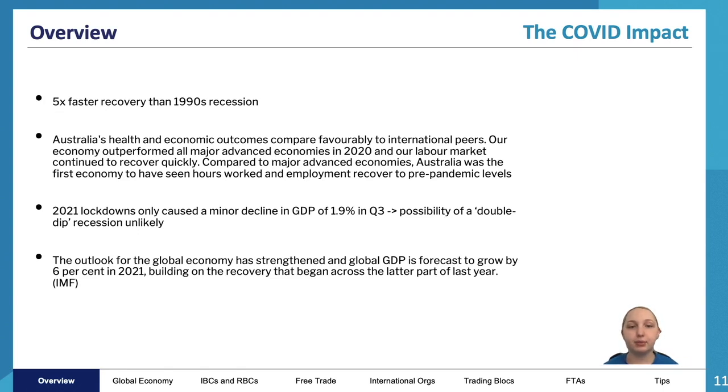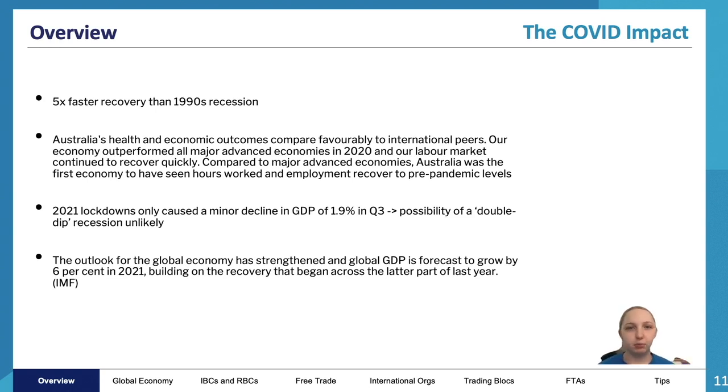And then, like I was saying before, Australia's health and economic outcomes weren't good, but they were favourable in relation to everybody else. Our economy outperformed all major advanced economies in 2020, and our labour market had a really quick recovery. So this will be really interesting in topic 3 when you start learning about the labour market and employment.